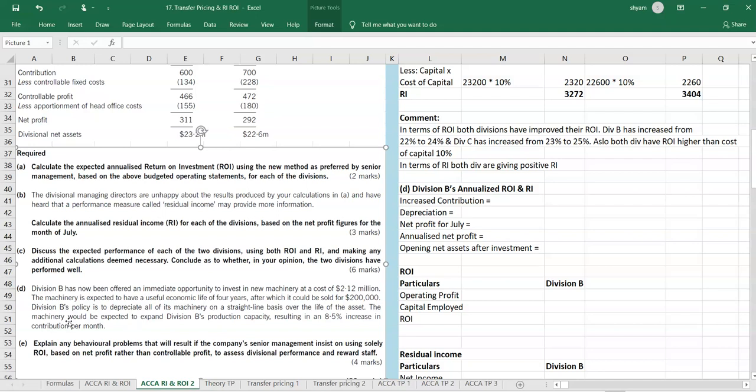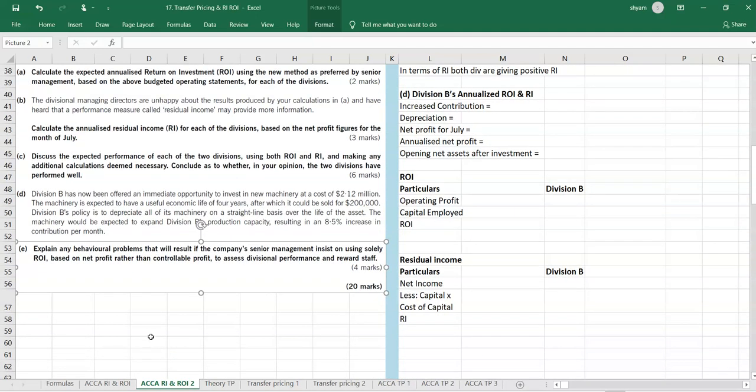So the concept works like this: the contribution is going to increase, the depreciation is going to occur, and there's also an investment of 2.1 million. Now the question is whether we can invest in it or not.